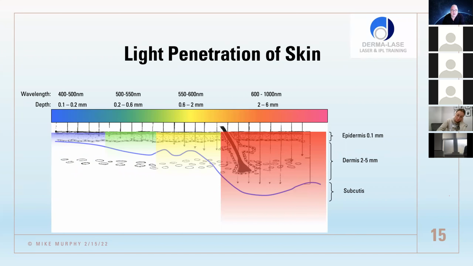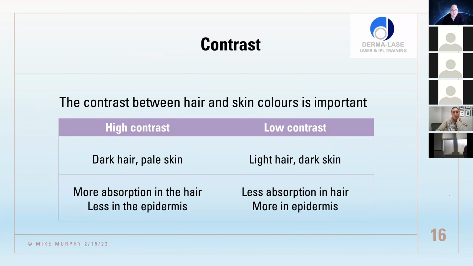So choosing the wavelength is important depending on how deep the target is. The diode laser is about there somewhere, about 800 to 1000 nanometers. So it's a nice kind of reddish infrared color. And the YAG's a little bit longer than that.